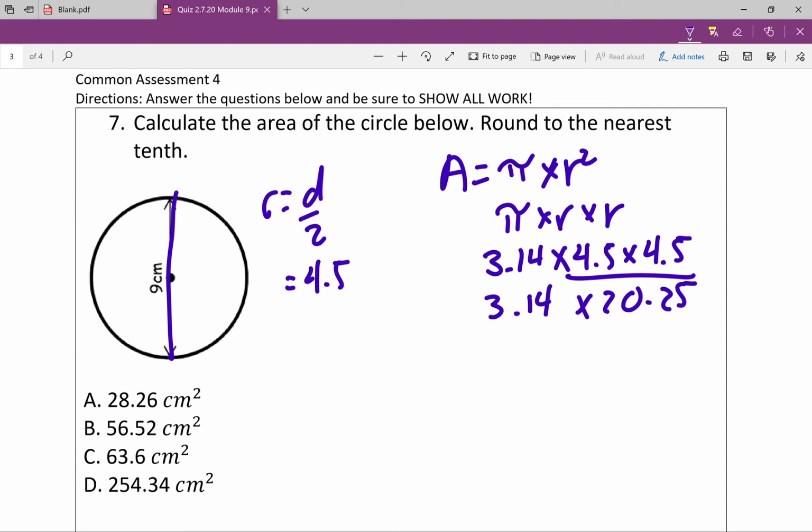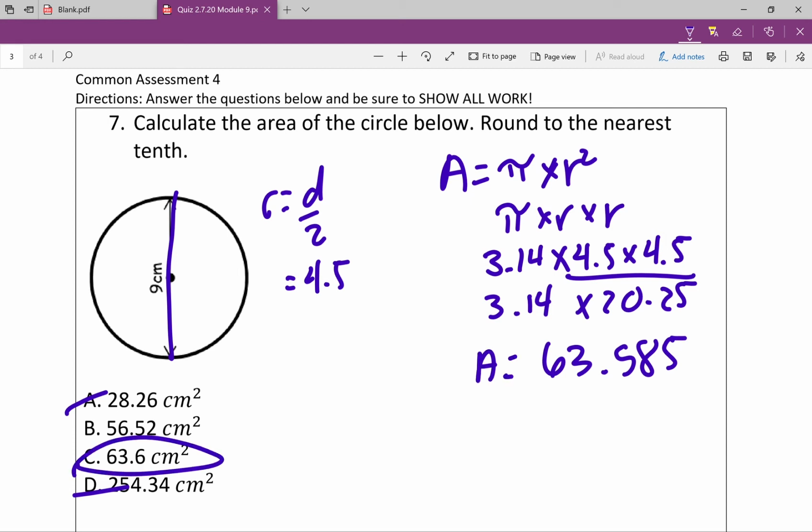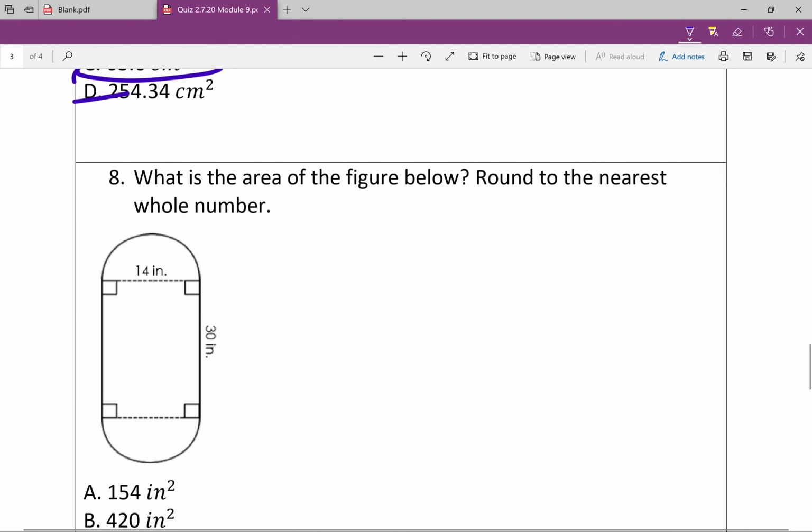You know, 20 times 3 is going to be close to 60. So it's not going to be this one, it's not going to be that one. It's only between those two, and I'm pretty sure it's going to be C. So let's see. 20.25 times 3.14 gives you 63.585, which is rounded to 63.6 centimeters squared.